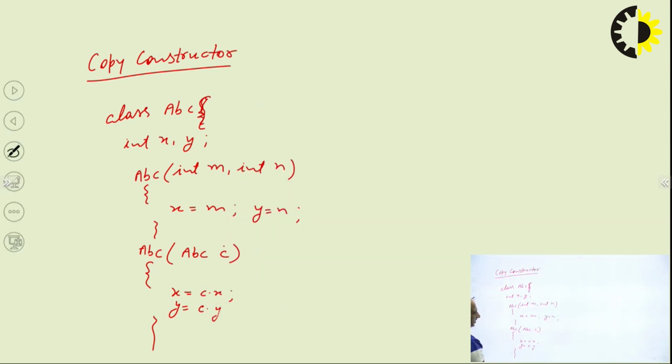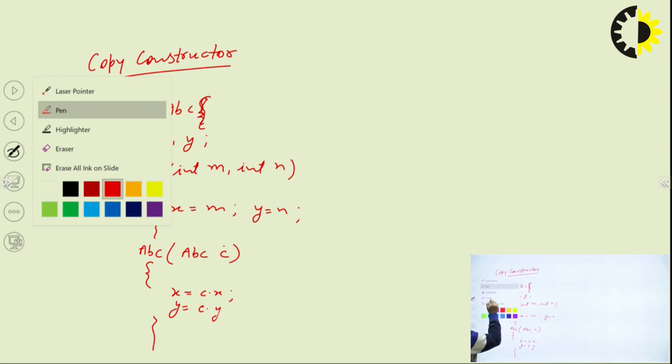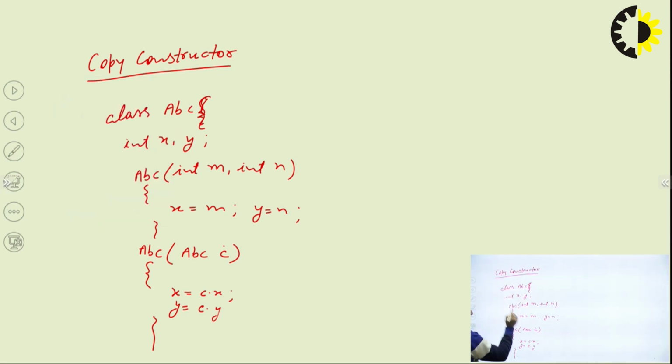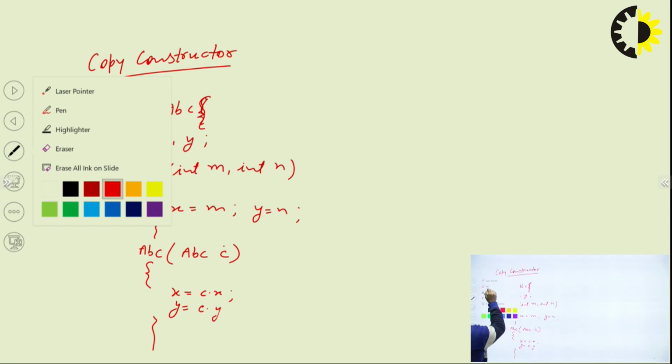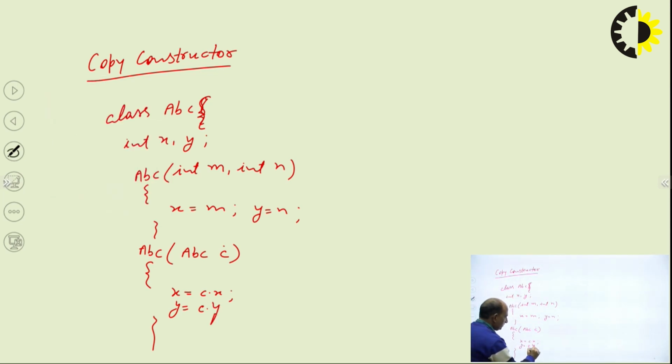Since c is an object, the variables associated with the object may be accessed by the dot operator. So we have to write like this. Okay, this way. Now this class has been completed.